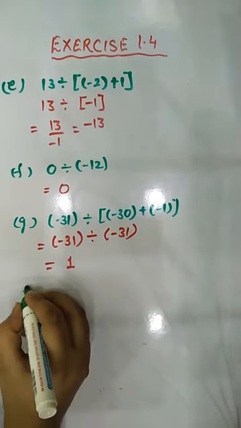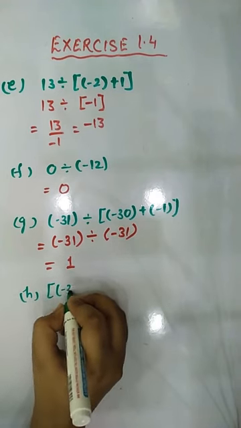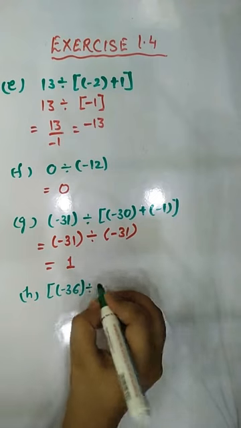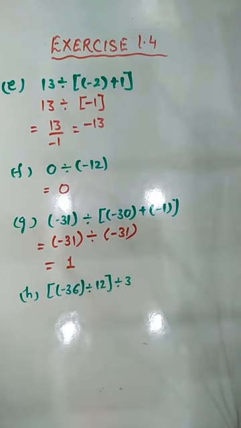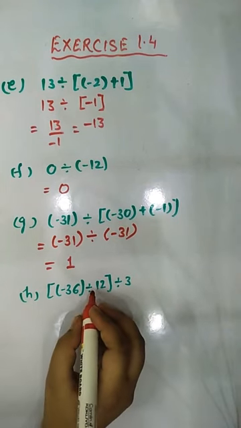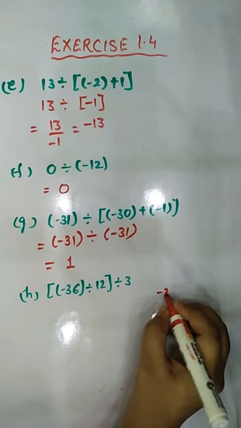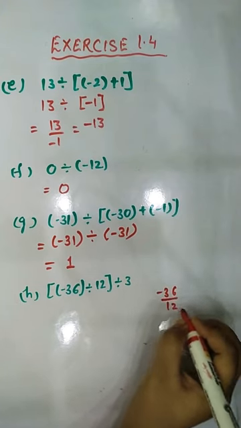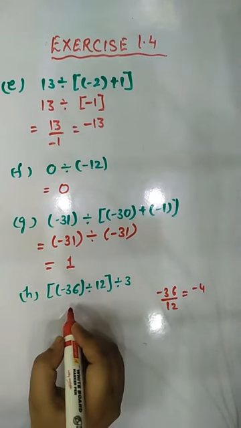Now H part is minus 36 divided by 12 divided by 3. So here also a bracket is there, so first we will solve the bracket.